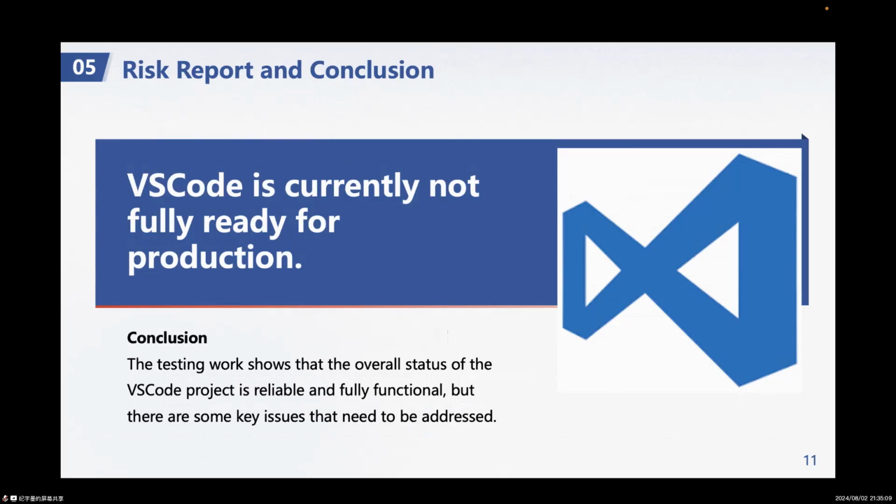The testing work shows that the overall state of the VS Code project is reliable and fully functional, but there are some key issues that need to be addressed. Next, we should focus on fixing these key issues and strengthen security testing to ensure the security of the code execution environment.